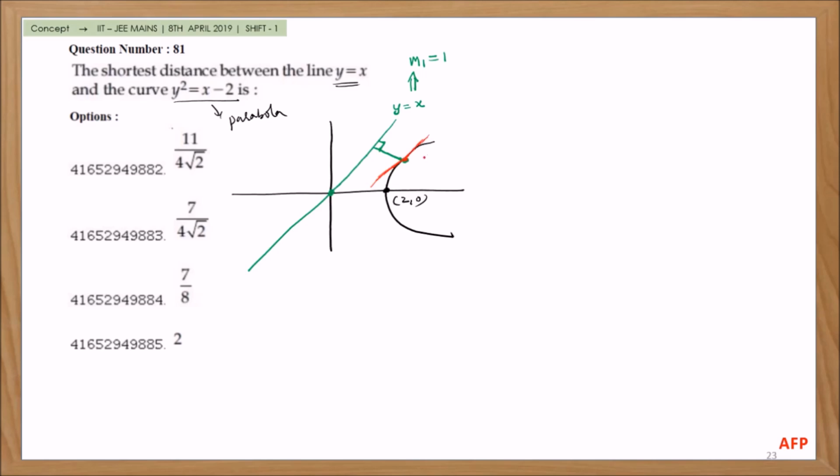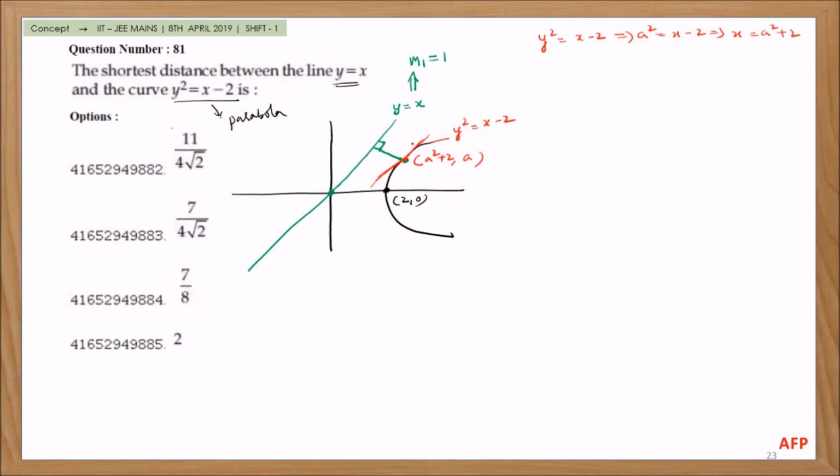The point we will take as a, so a as the y coordinate. If you substitute y equals a, a square equals x minus 2, so x equals a square plus 2. So we will take the point as (a square plus 2, a). So this is what we got.